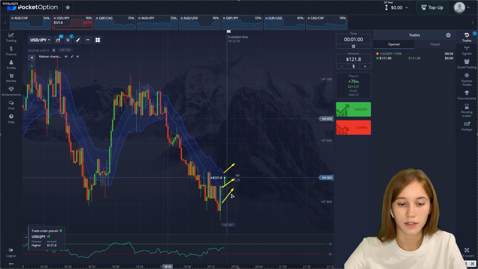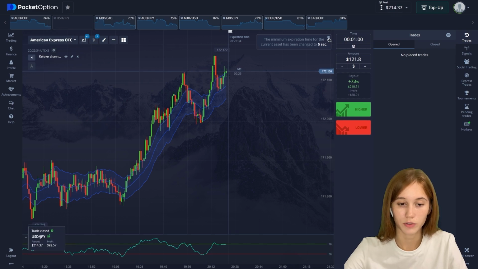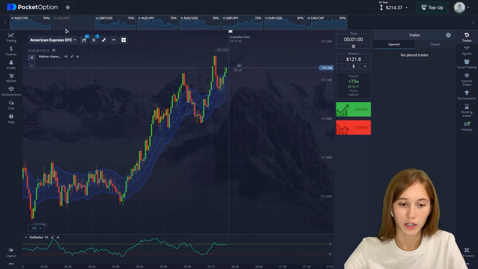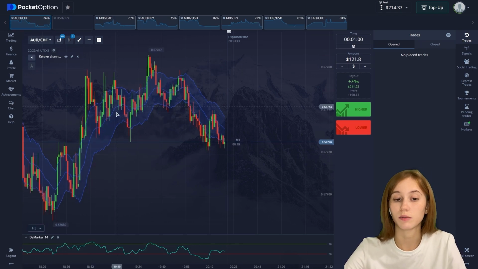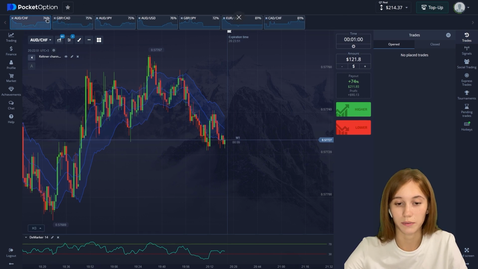By Keltner, we see that our moving averages are directed up. It's also a good signal. Uptrend on our chart. 1 second, and yeah, our deal is into plus. Chart is closed. Good. Let's move on to the next concept.